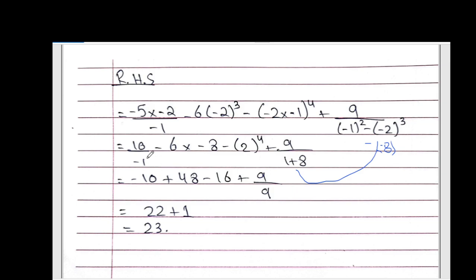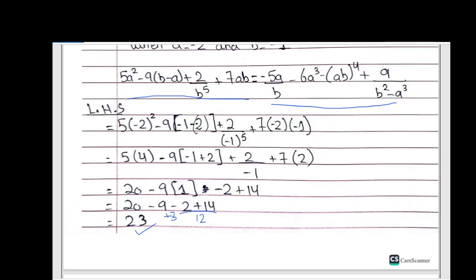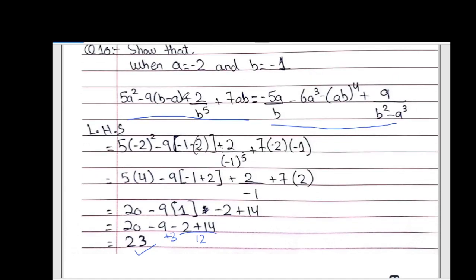Then because of this minus, it is minus 10, minus 6 into minus 8 is 48, minus 2 power 4 is 16, plus 9 over 1 plus 8, which is 9. So minus 10 plus 48 minus 16 is 22, 9 divided by 9 is 1, and 22 plus 1 is 23. So our left hand side is equal to our right hand side. Hence it is proved that this side is equal to this side.